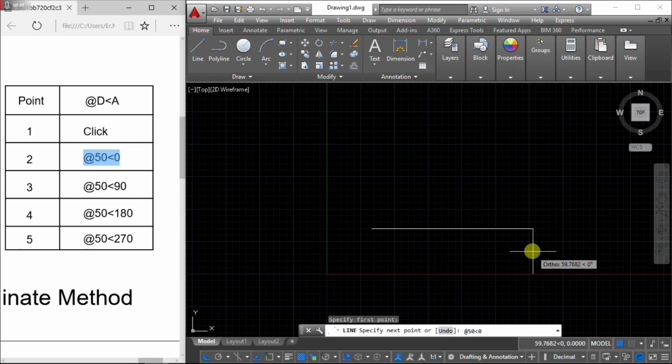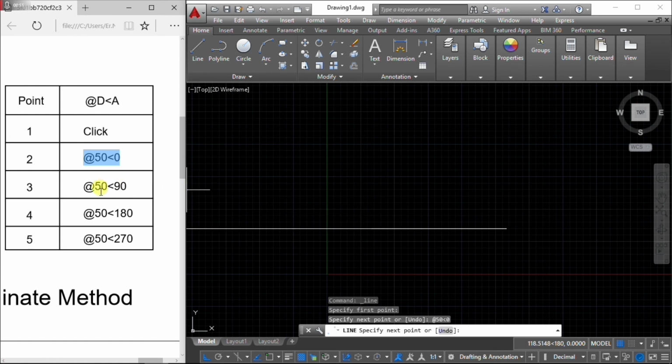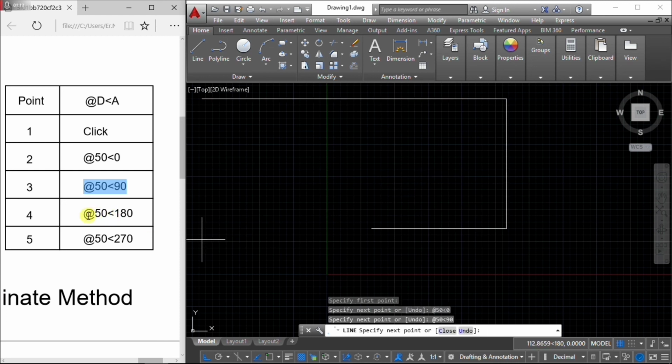So we enter @50 angle 0 degree. And just enter. Likewise, entering the following points. For the third point, @50 angle of 90 degree. And then the fourth point @50 angle of 180 degree. Lastly, @50 angle of 270 degree.